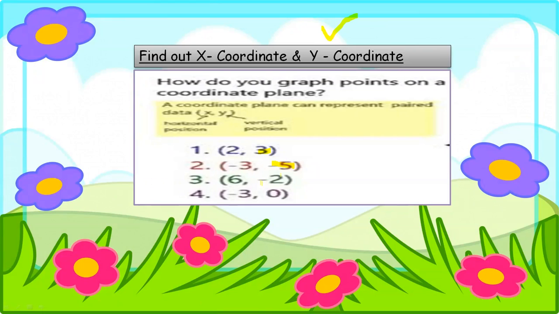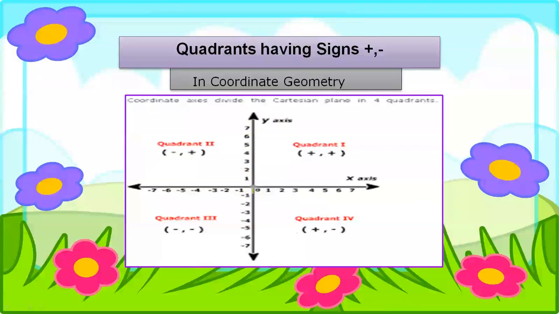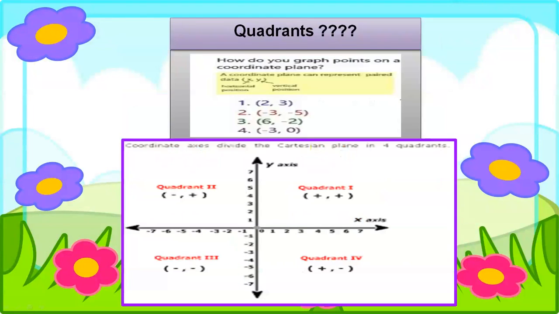They are giving you different natures of numbers, some having plus, some having negative sign, some having no sign. This is the origin, 0. So move on, how we have to plot these numbers. Remember it, the sign. First you have to look at the sign and then decide in which quadrant I have to go. Okay, let's move on.